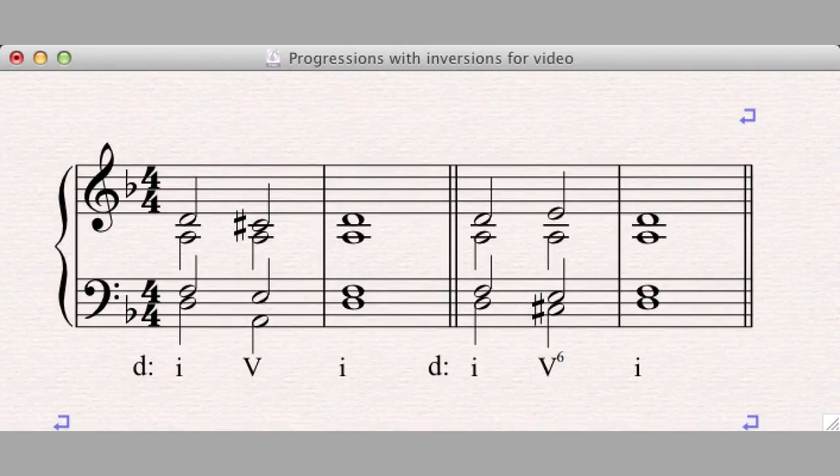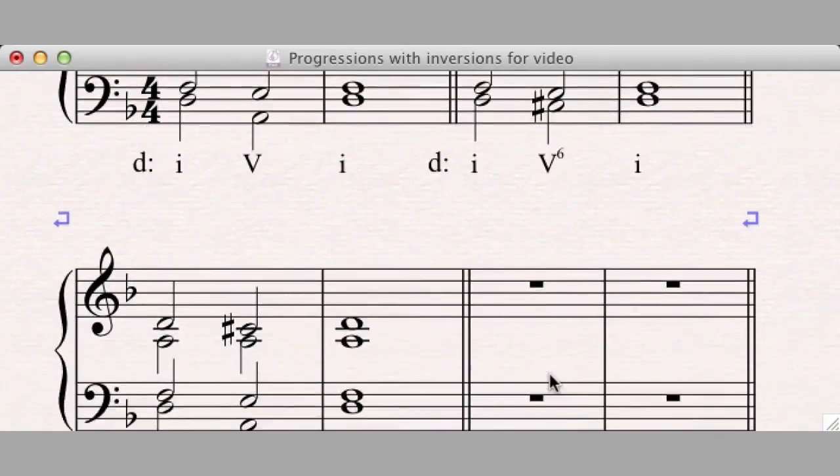So good, this should be fine. So there's a good example of changing a 1-5-1 progression in root position for a 1-5-1 progression where the 5 is in first inversion. Very common to see.